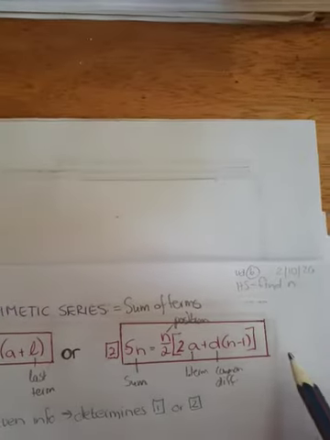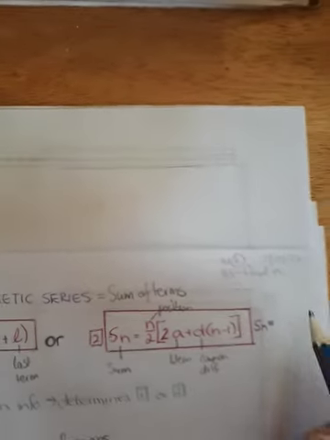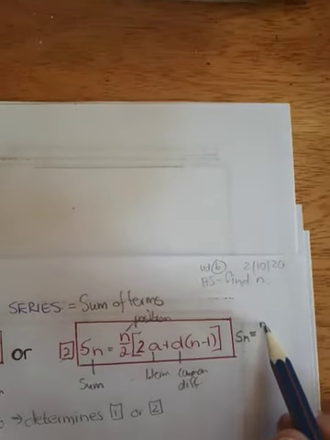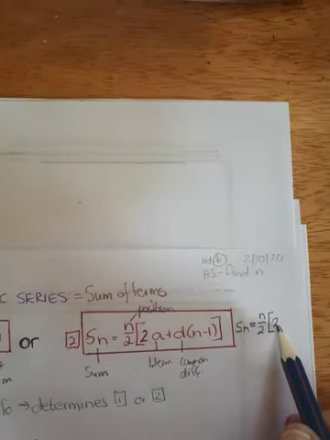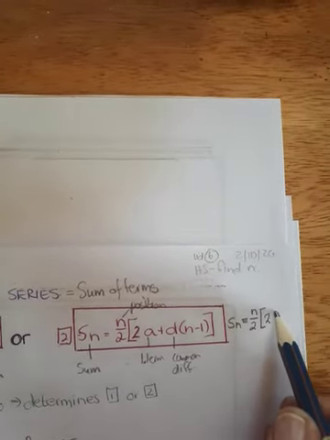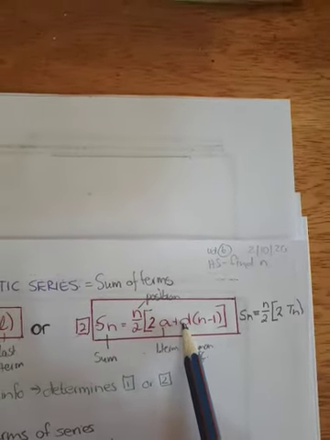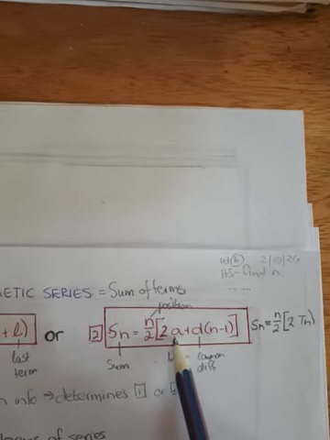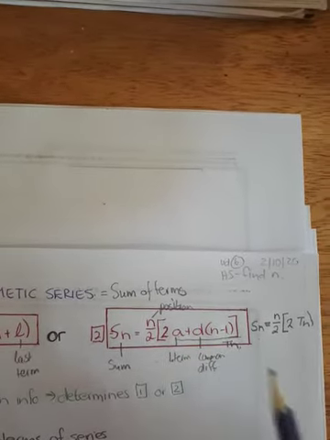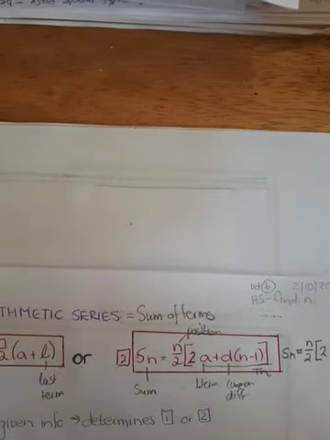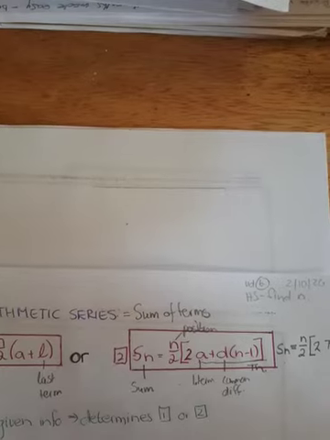This formula I remember by shortening it. The sum is n over 2 times twice the nth term, because a plus d times n minus 1, this part represents the nth term, which you should know from arithmetic progressions or arithmetic sequences.